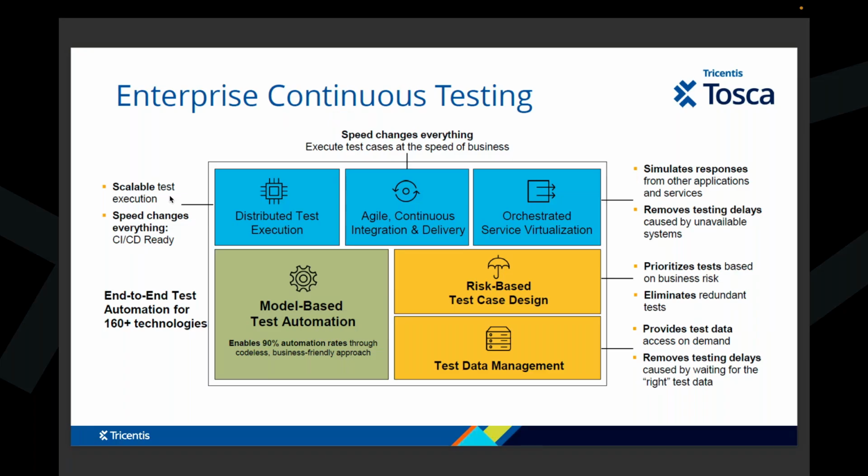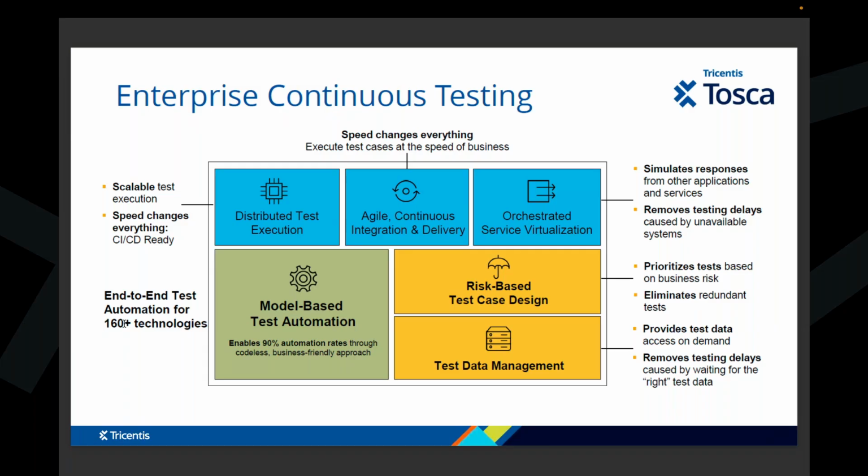As I mentioned, this supports around 160 plus technologies, and it's completely model-based test automation, which means it's a completely codeless approach, with business-friendly test cases. It has inbuilt test data management, and you can perform risk-based testing through your TCD. We are going to learn how to create a test case design section, and also we'll see test data services.